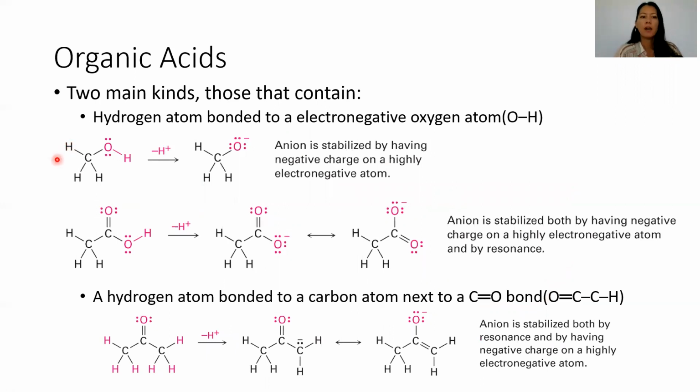Again, in more detail, if I take two main kinds, a hydrogen bonded to an electronegative O, the alcohol, when you deprotonate, you get O minus. So if this is methanol, this is called methoxide. The reason this occurs is because the electronegative O stabilizes that negative charge.